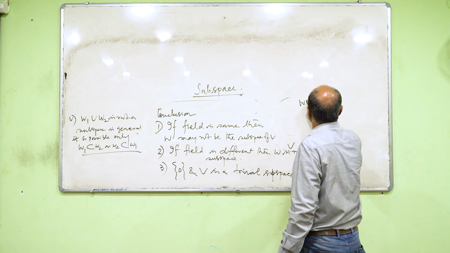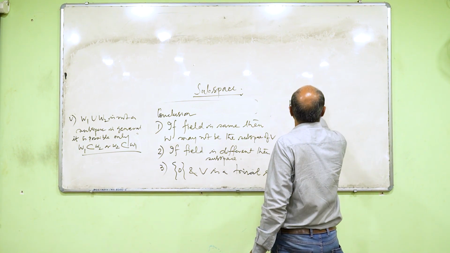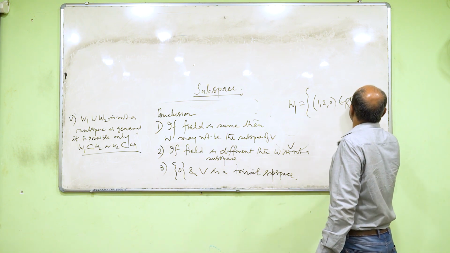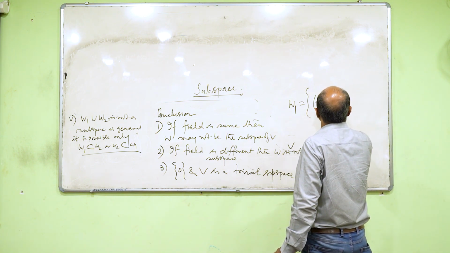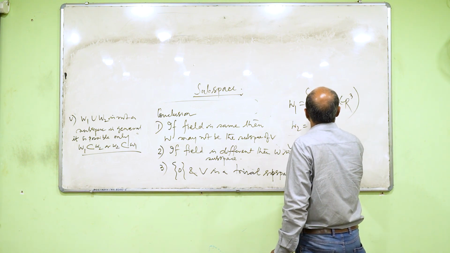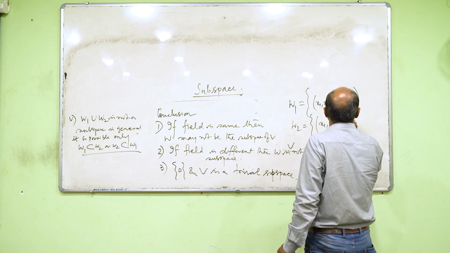If we take W1, suppose, as elements of the form x1, x2, 0 and W2 as elements of the form x1, 0, x3.